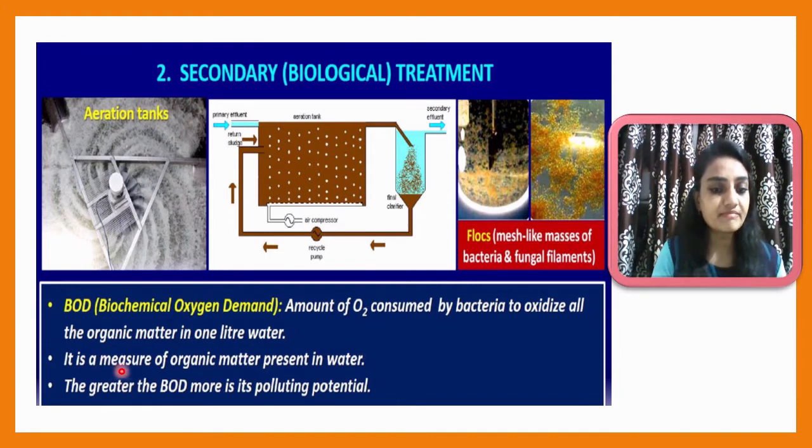It is an indirect measure of the organic matter present in the wastewater. The greater the BOD, the higher the organic component, so it indicates the polluting potential. BOD is a measurement by which you can indirectly assess how much pollutant is present in the wastewater.